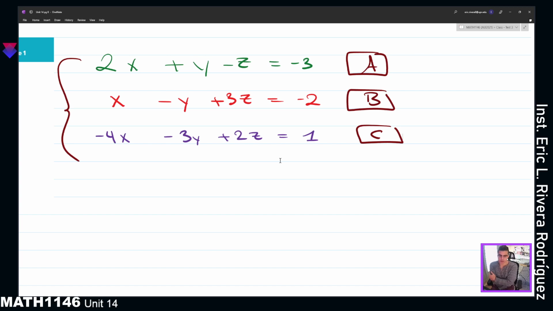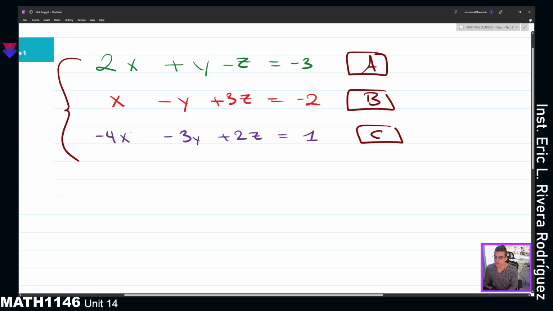All right, so let me show you how I like to solve these exercises. The first thing is that my goal is to have the following triangular shape: X, Y, Z; Y, Z; and Z. So this is what I want to have, a triangular shape.